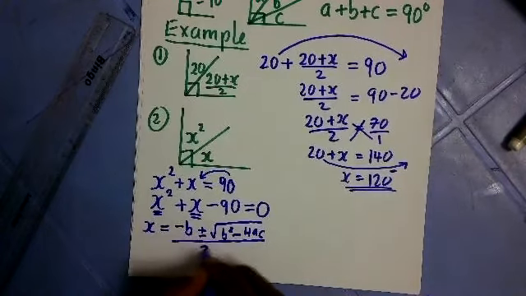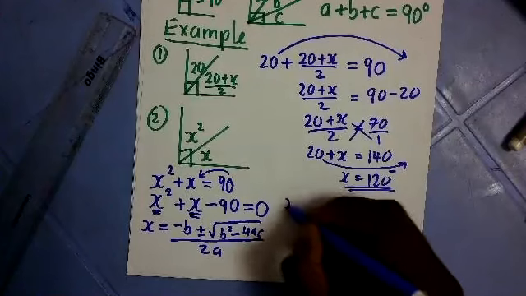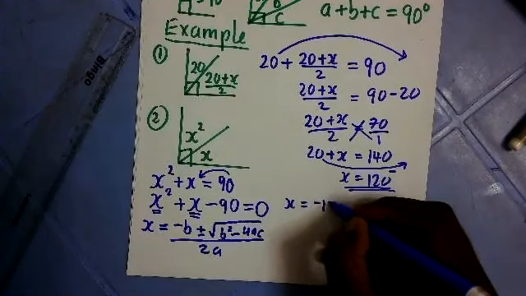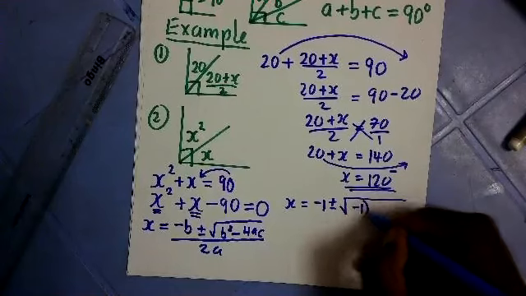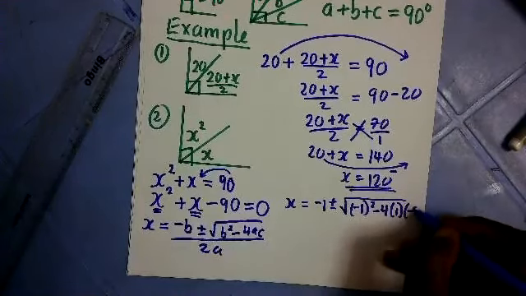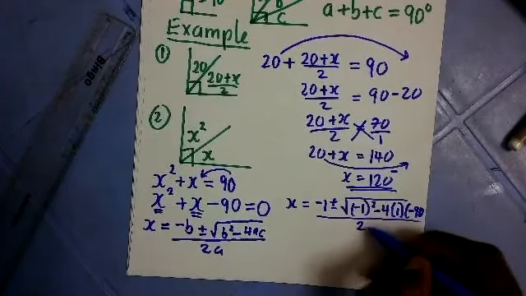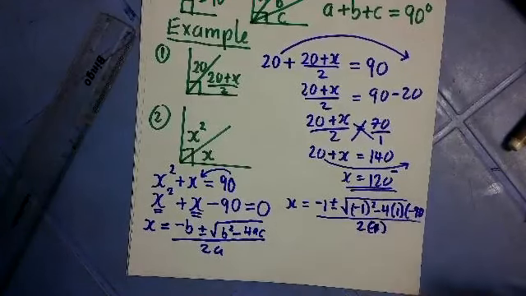Everybody must always remember this formula. So after remembering the formula, you substitute your values inside the formula. So our b is 1, so it will be minus 1 plus or minus square root of minus 1 squared minus 4ac. Our c is minus 90 over 2a. Sorry, over 1, because our a is 1.